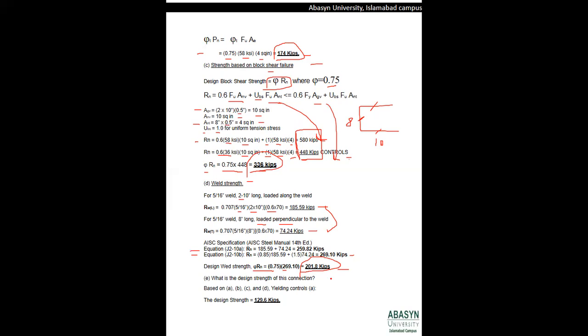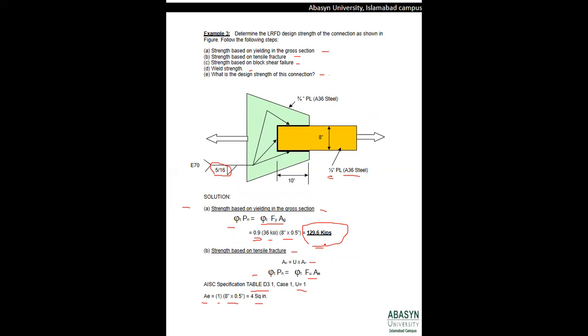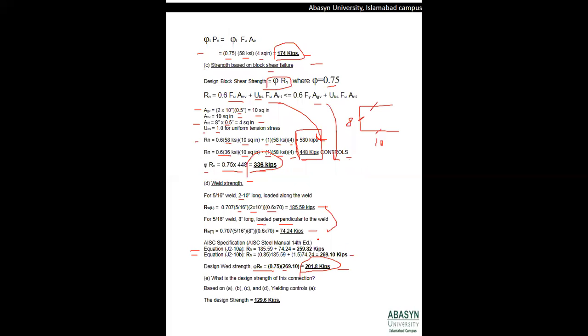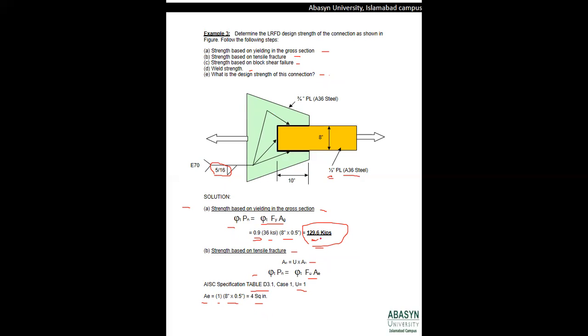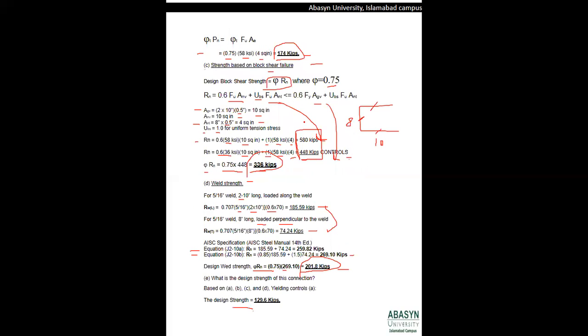So it means that the controlling factor for this particular connection is the yielding of the cross section, with a value of 129.6 kips, which ultimately becomes the design strength for this connection. Because if our member fails in tension at a force of 129.6 kips, no doubt the member is not going to fail in shear, block shear, or weld shear.